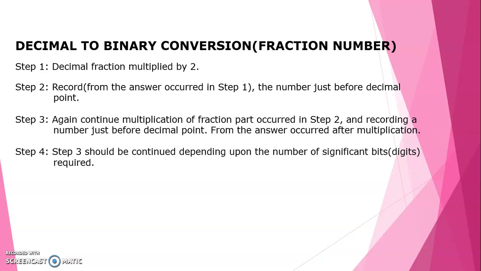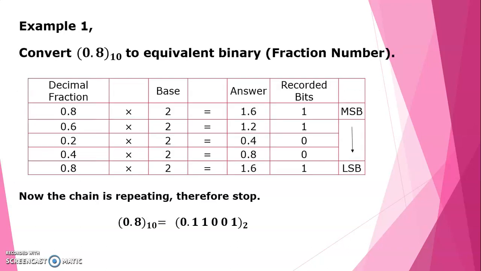Step 3, again continue multiplication of the fraction part obtained in step 2 and record the number just before the decimal point from the answer obtained after multiplication. Step 4. Step 3 should be continued depending upon the number of significant bits required.